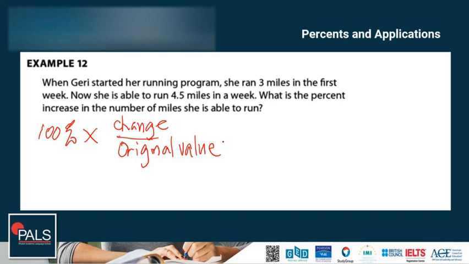In this example, the percent increase would be 100% times 4.5 minus 3, divided by the original number, which is 3. The answer is 50%.